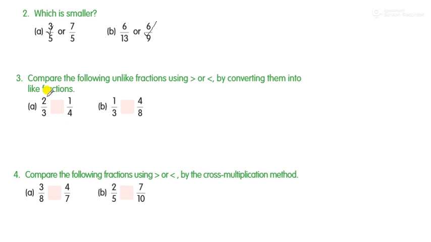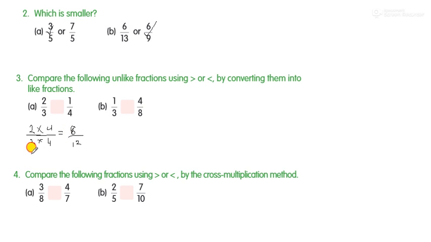First we have to convert that into like fractions. Here 2 by 3 means multiply into 4. Here we have a 3 and here we have a 4. Here multiply with a 3 and here multiply with a 4. So 4 2s are 8, 4 3s are 12.